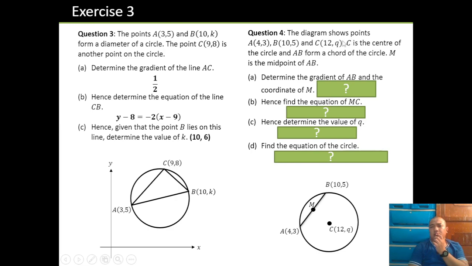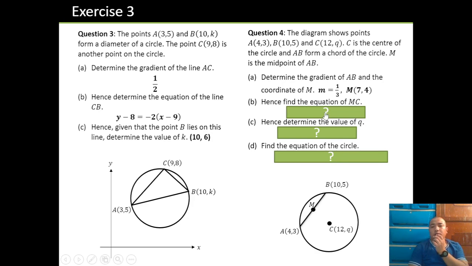Next, the diagram shows points A(4, 3), B(10, 5), and C(12, q), the center. C is the center of a circle, and AB form a chord of the circle. M is the midpoint of AB. Determine the slope of AB. 1/3. Yes, 2 over 6. The midpoint is (7, 4).